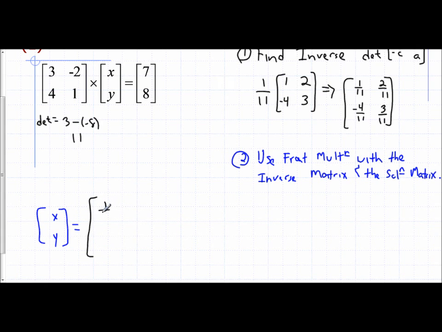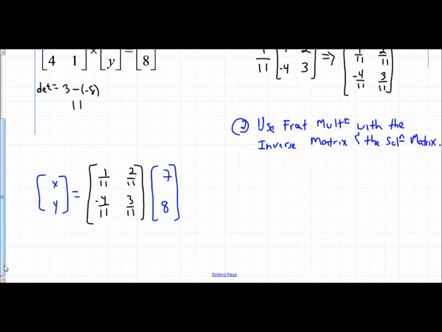So 1/11, 2/11, -4/11, and 3/11 times my solution matrix, which is 7, 8, 7 over 8 as a column. So we find our inverse, then we use front multiplication with the solution matrix to get our variables.